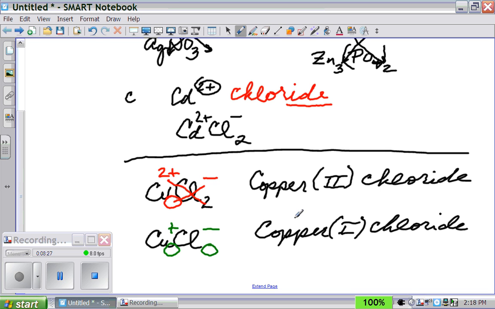Okay, so in stock system, what we do is we find the charge on the anion, we reverse crisscross it above, and we add a positive charge because that's what a cation has. And we find out that copper actually has 2 forms, one being copper 1 and one being copper 2. Okay, so keep working. Good luck, and we'll check all your work in class tomorrow.